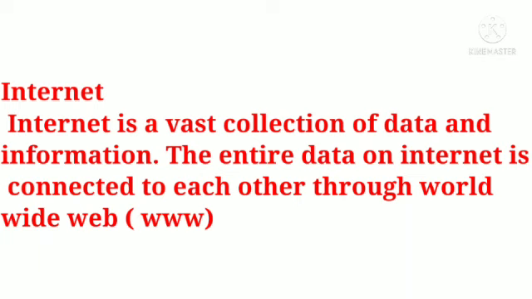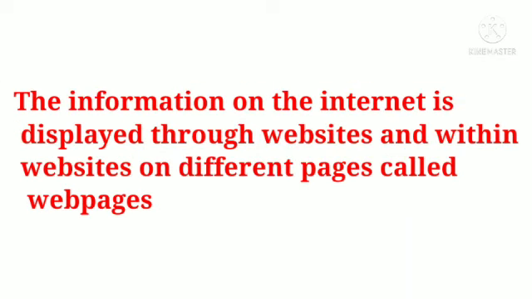On the internet, data and information are displayed in the form of pages, and these pages are called web pages, and a collection of web pages is called a website. In other words, the information on the internet is displayed through websites, and a website contains different pages called web pages.